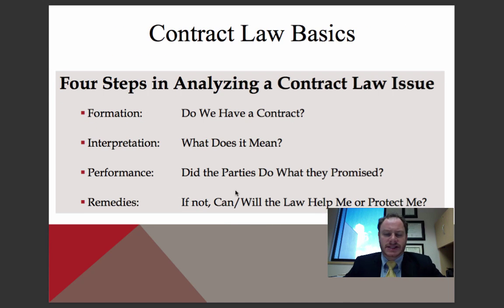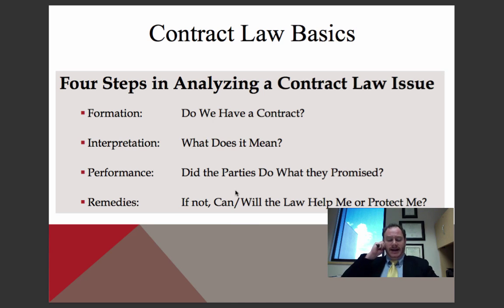Okay, so again, a contract is a promise or a set of promises between two or more people that the law will enforce. And there's 4 steps to analyzing a contract to see if we've got any sort of legal issue. The first is the formation. Do we have a contract? Second, we need to interpret it. What does the contract mean?